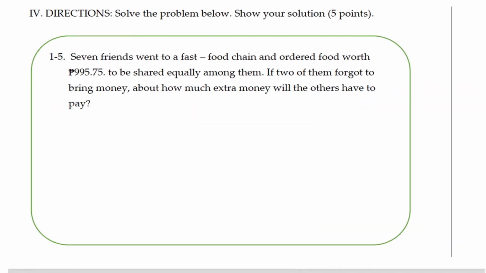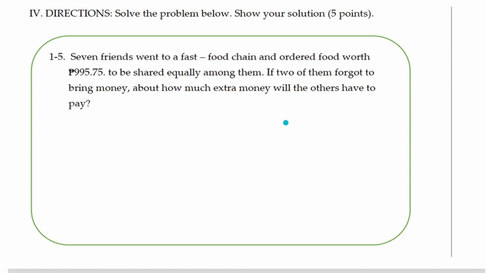Next, we have the problem solving. So, let us read the given problem below. 7 friends went to a fast food chain and ordered food worth 995 pesos and 75 centavos to be shared equally among them. Now, if 2 of them forgot to bring money, about how much extra money will the others have to pay?